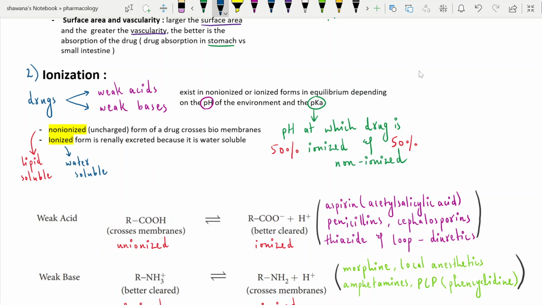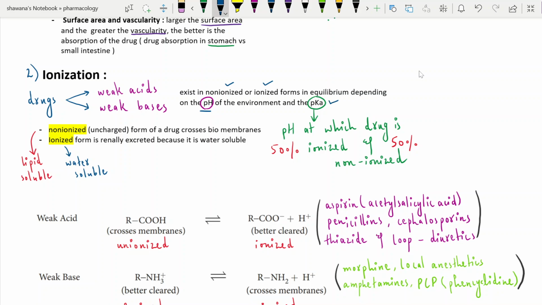And these exist either in non-ionized form or in ionized form, and it depends on the pH of the environment whether the drug is present in ionized or unionized form. It only depends on the pH of the environment where the drug is present currently.